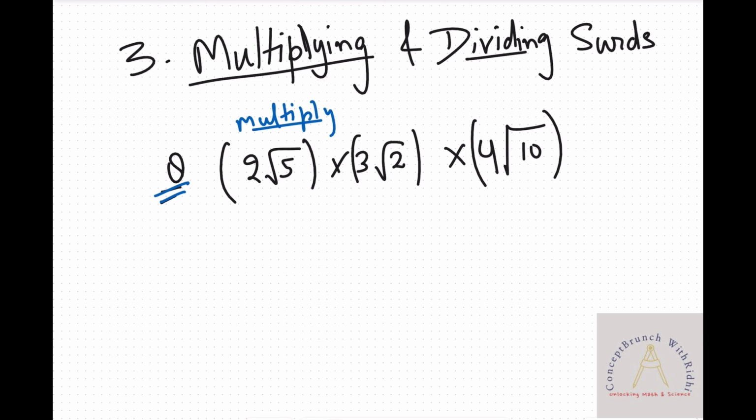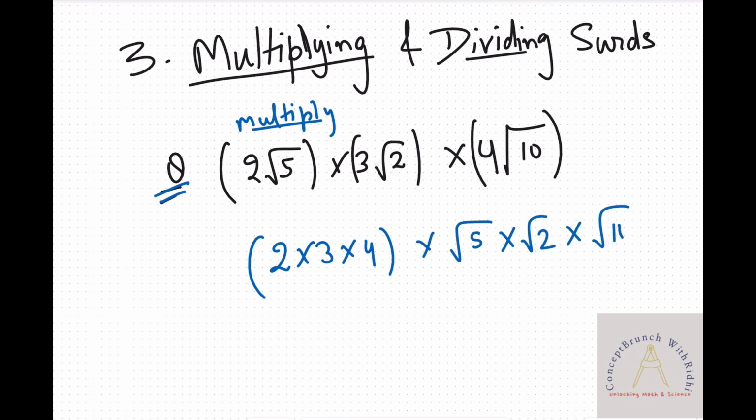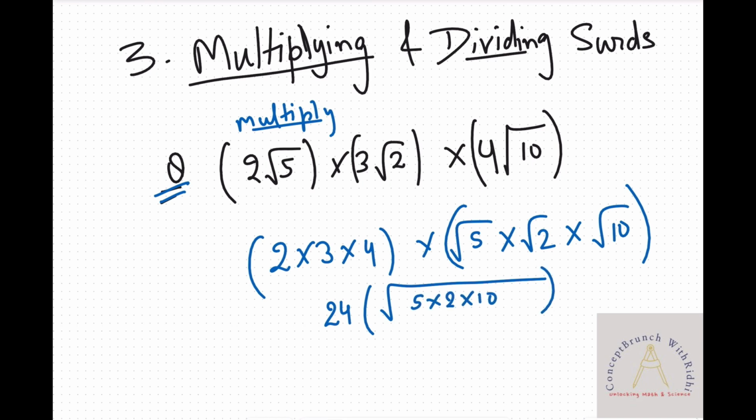We multiply the coefficients and the irrational numbers separately. The coefficients are 2, 3 and 4, and the surds are root 5, root 2 and root 10. 2 times 3 is 6, 6 times 4 is 24. Next, put all the irrational numbers together under one root: 5 times 2 times 10 is 100.